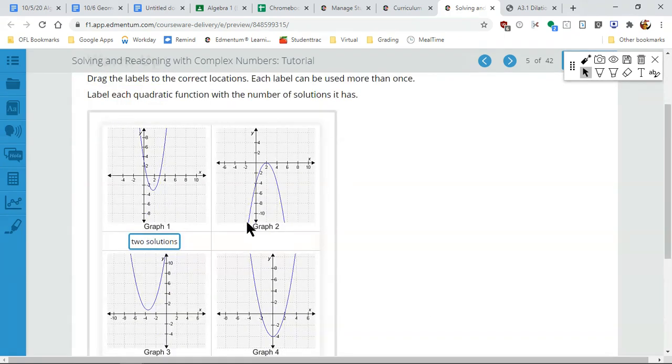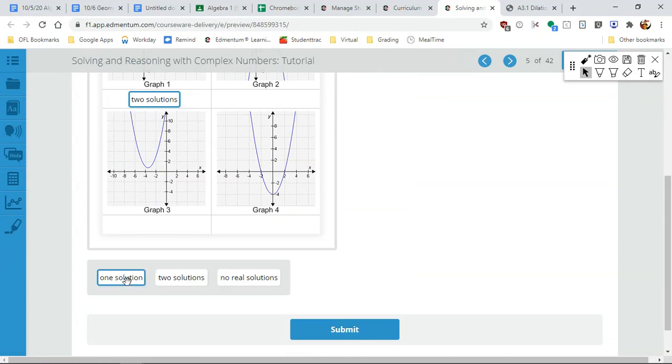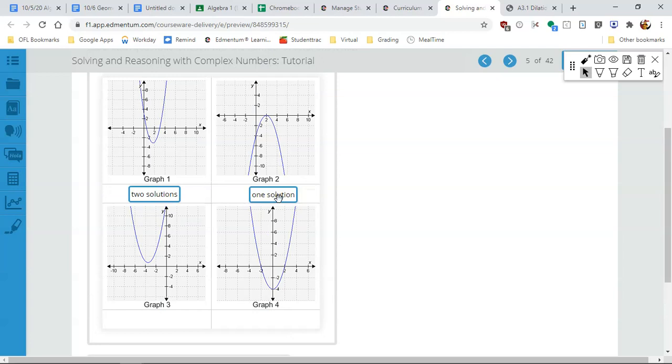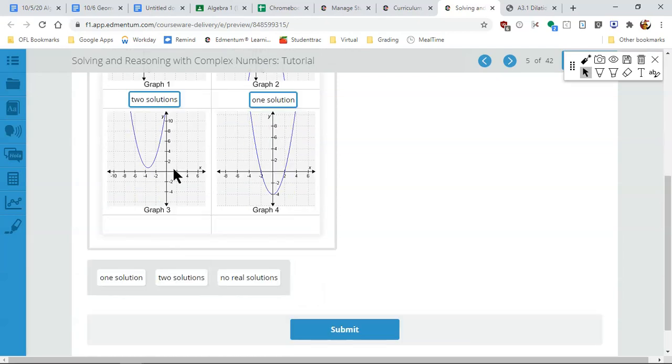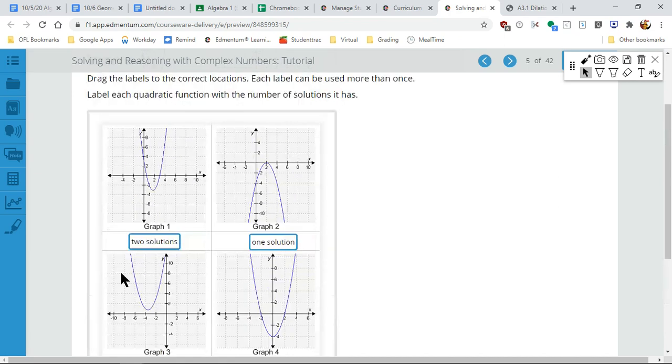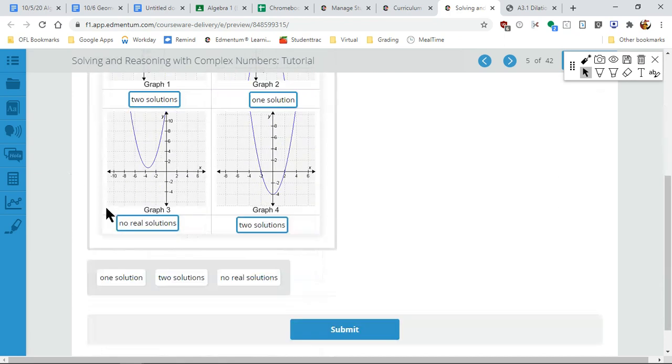But thank you. And this one right here has one solution because it only touches the x-axis one time. This one doesn't touch it at all, so we would say no real solutions. This is where we start changing our answers, because before we used to say no solutions. Now that we know that imaginary numbers exist, we say no real solutions. So the options are 1 solution, 2 solutions, or no real solutions.